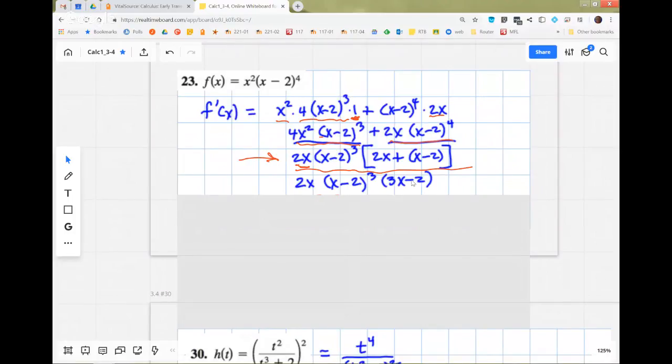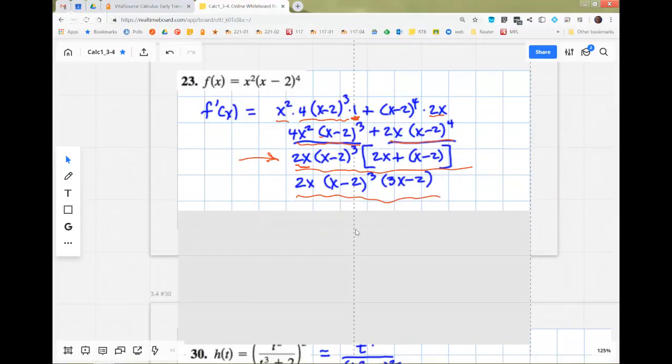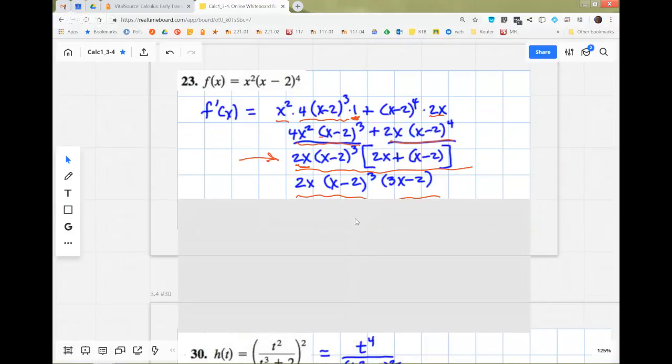Oh yeah, that just can be written as 3x minus 2. And now you're done. I'm going to pause a little bit, see if anybody has a comment or a question on number 23, or maybe if you want to write it down.